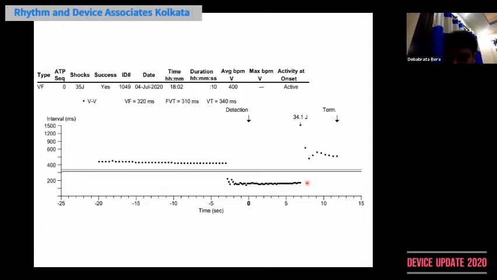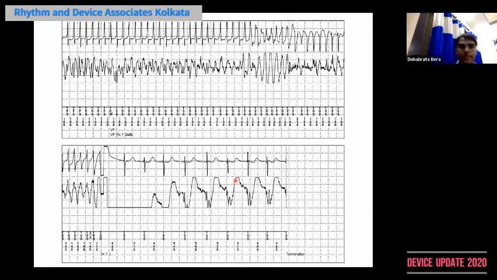For VT or not, you need to look at the morphology and the other things which I have shown. So from this electrogram itself, you know this is not a sinus tachycardia. In sinus tachycardia, there will be gradual shortening of the RR interval and it will enter into a VT zone. Hope I was clear. So I will just show this same patient, another shock. There is nothing new on this.